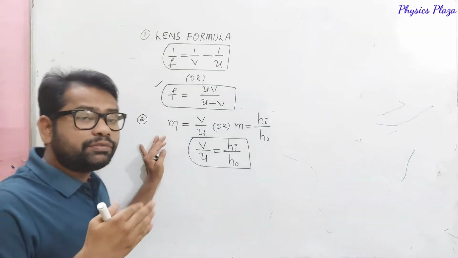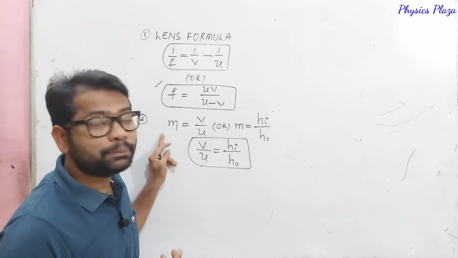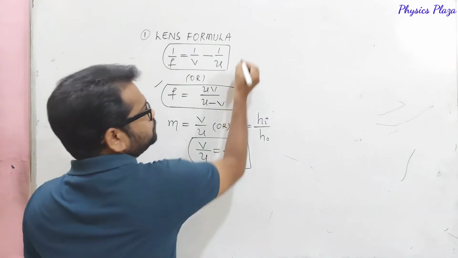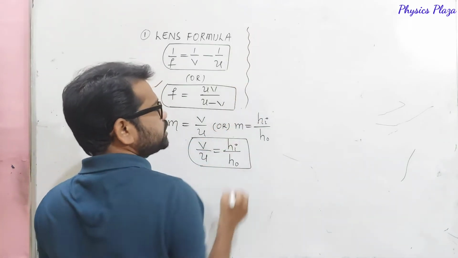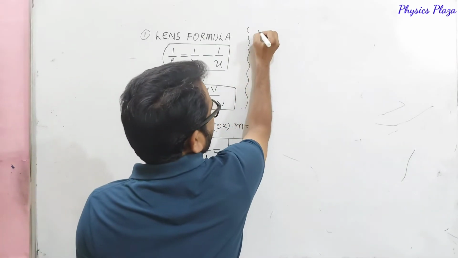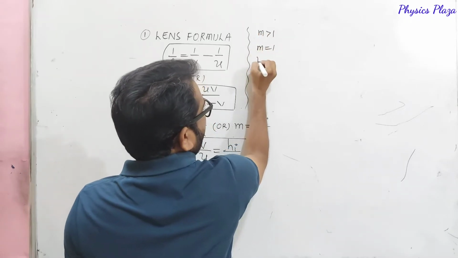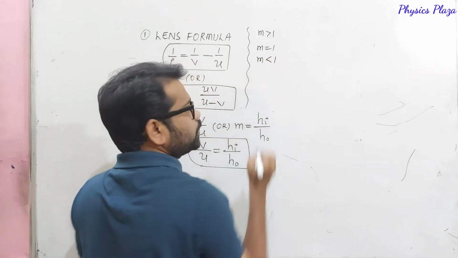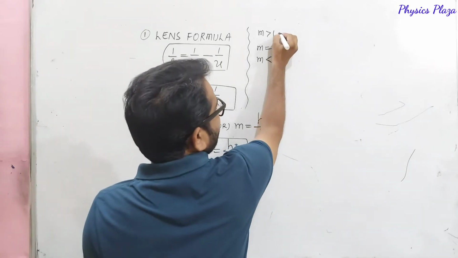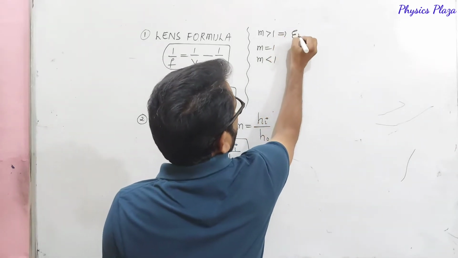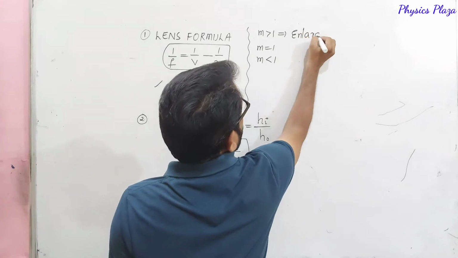What information we get about m is very important. Linear magnification can be greater than 1, equal to 1, or less than 1. If it is greater than 1, it is an enlarged image.